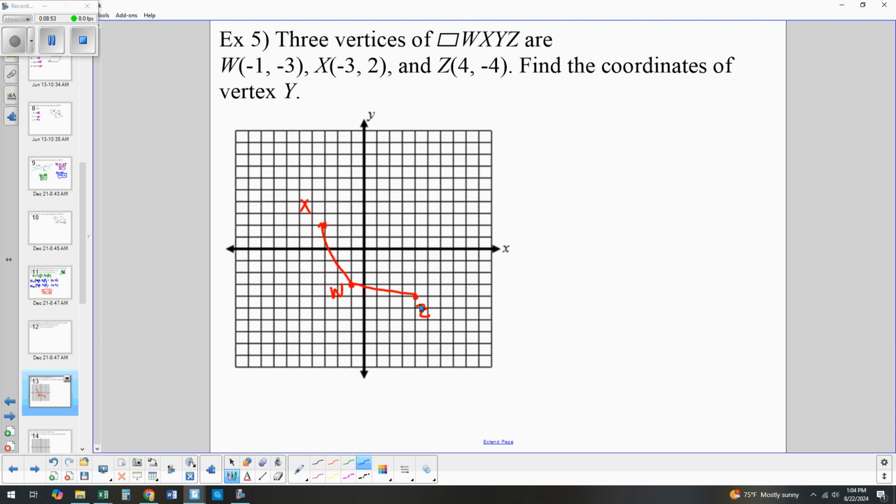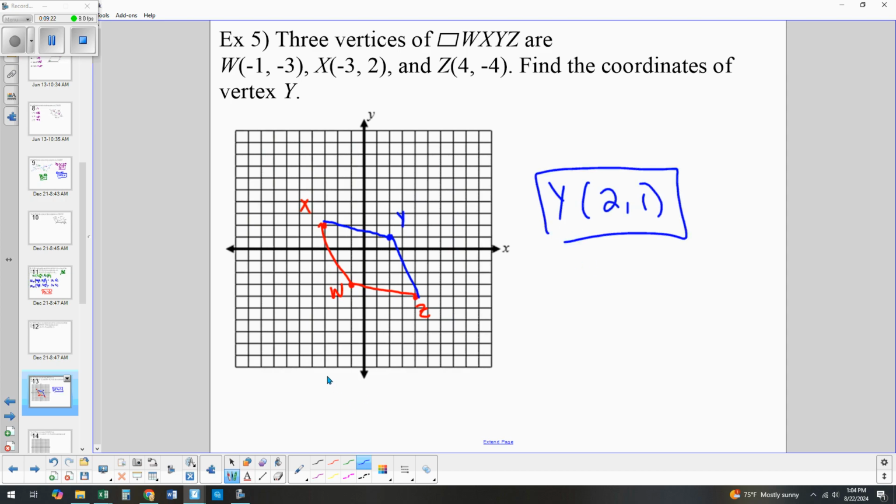This side here should have a matching parallel and congruent side here. So if I counted the boxes, down 1, 1, 2, 3, 4, 5 to the right, I should match it from this point, down 1, 1, 2, 3, 4, 5 to the right. So that means Y's coordinates are 2, 1.